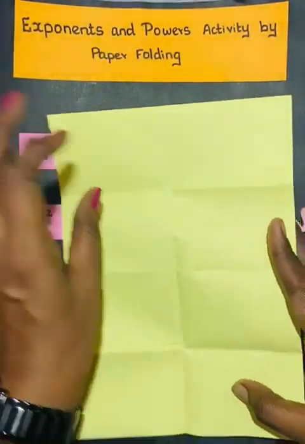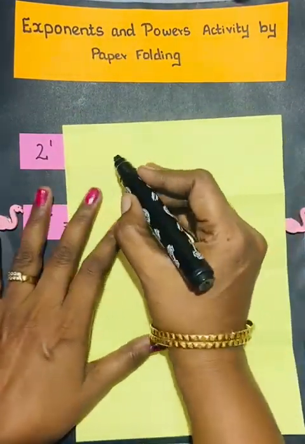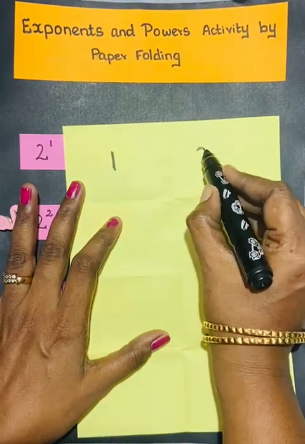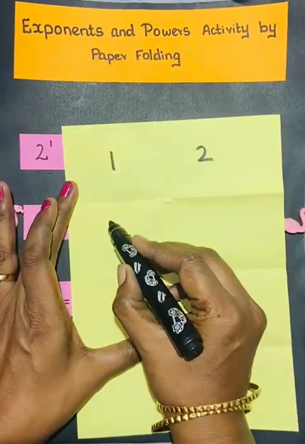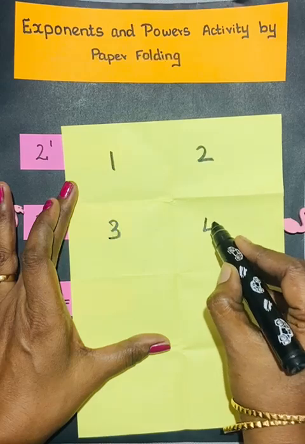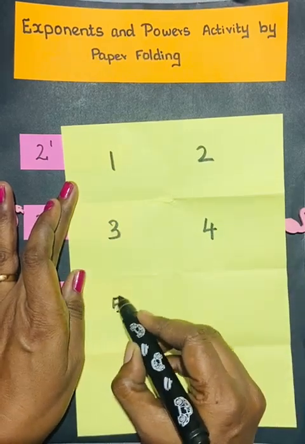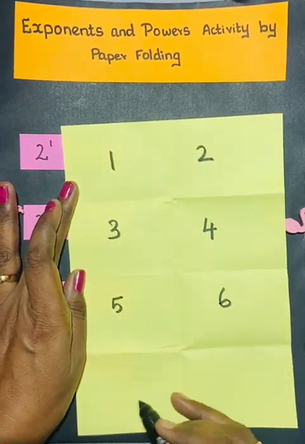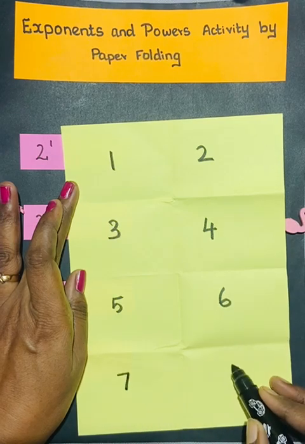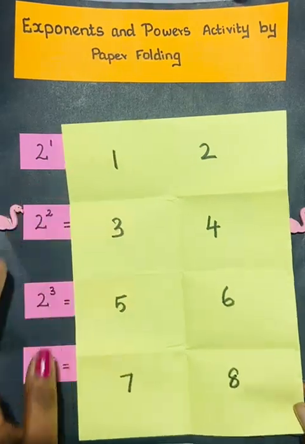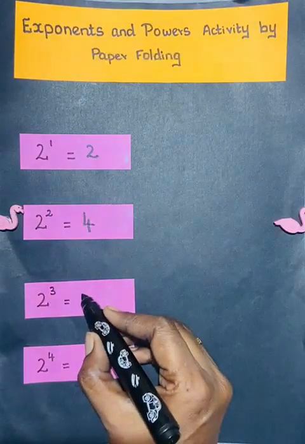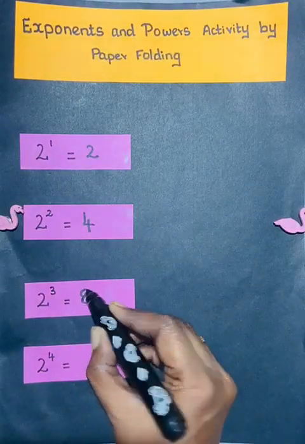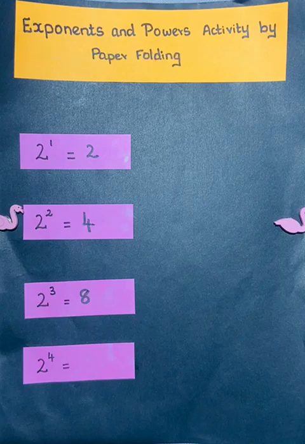Now count. 1, 2, 3, 4, 5, 6, 7, 8. So the answer is 8. 2 into 2 into 2. The answer is 8.